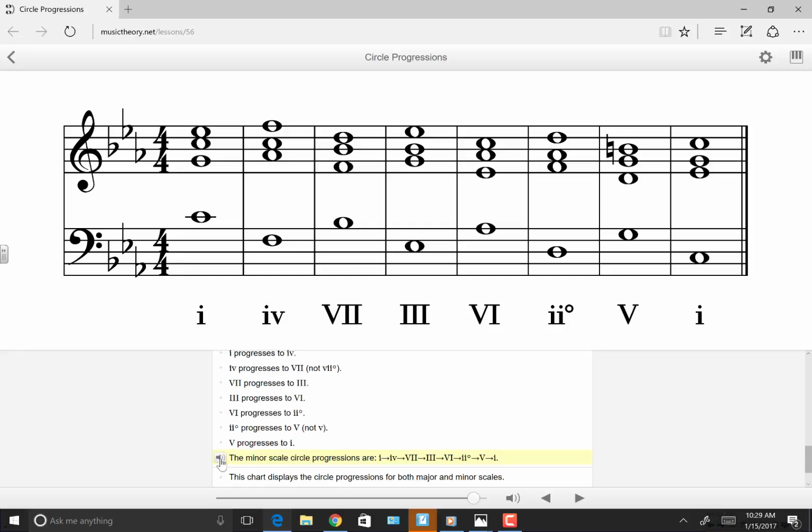And let's listen to this minor key circle progression. And one more time. And it was so nice to listen to one more time.